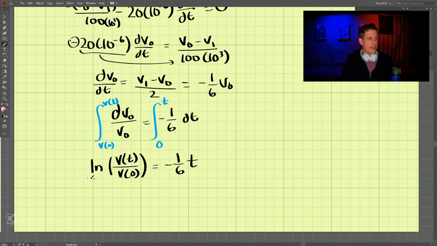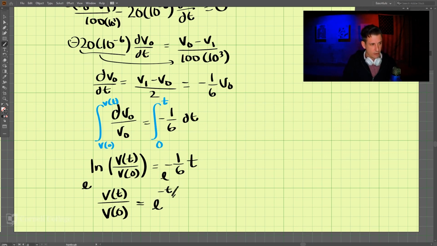And then we can take both sides to the e. This simplifies to V of t over V of 0, and the right-hand side is then e to the negative t over 6.